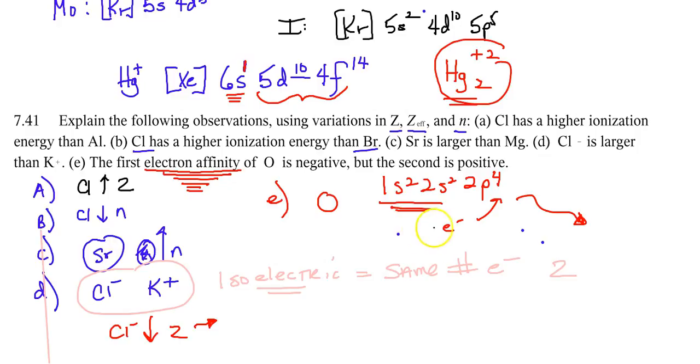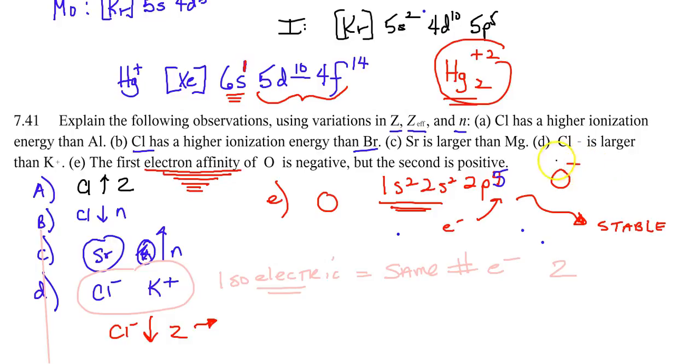That's why they call it oxidation. Oxygen can gain electrons very easily, so it's very stable to gain electrons because it has a lot of what? Higher number Z. Now, the second electron affinity, that means when you have O negative, that would now be what? 1s2, 2s2, 2p5.